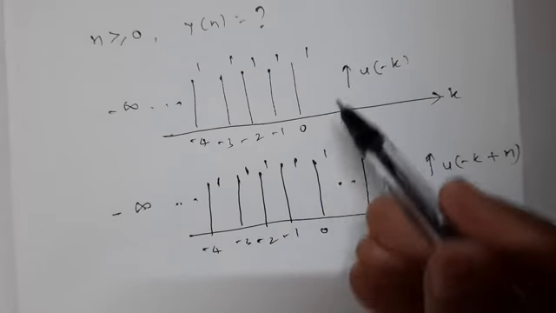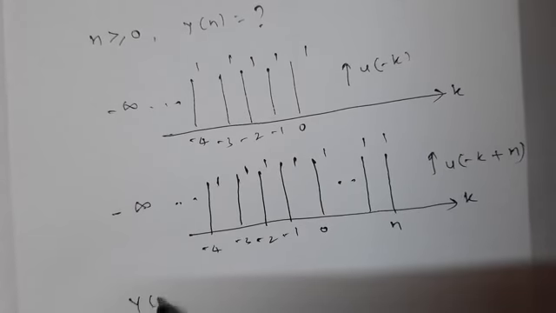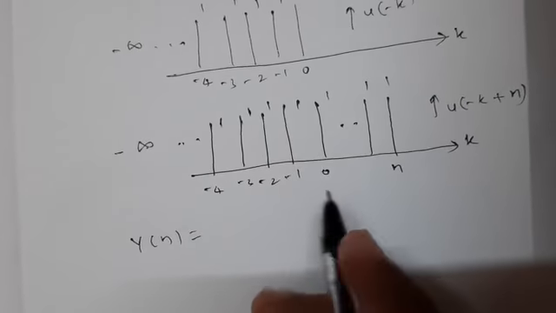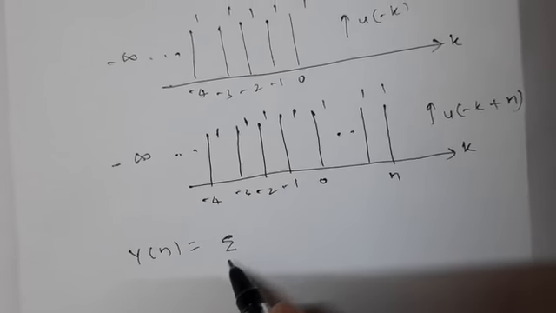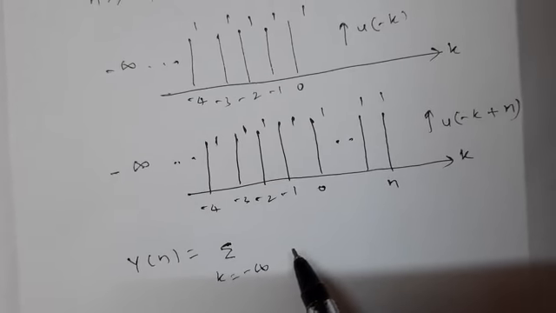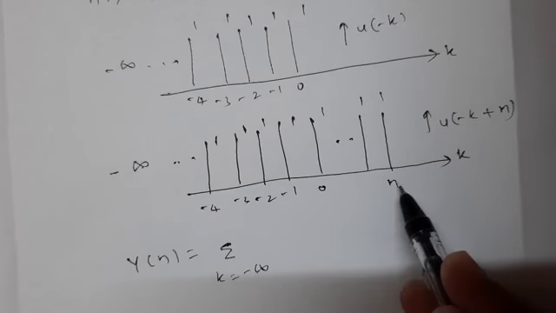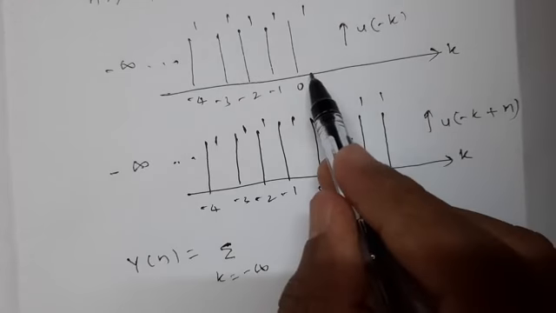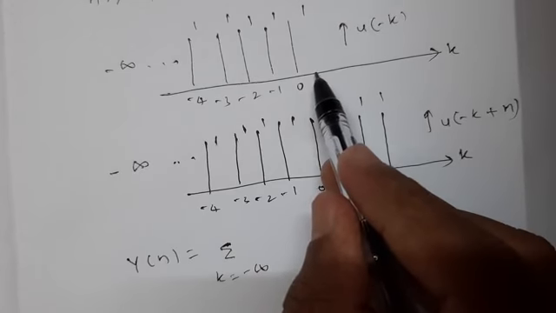If you multiply such samples, y of n is the summation k from minus infinity, they exist, till n.